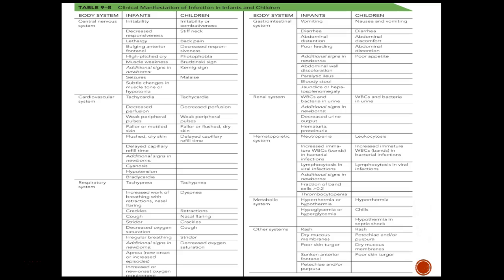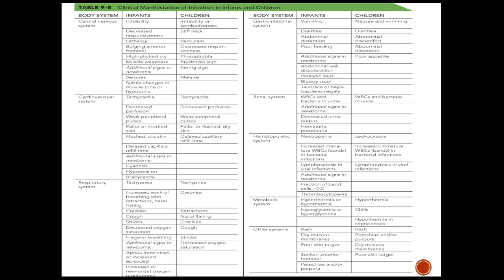For the renal system, in infants, we might see a decreased urinary output. Specifically, if they have some type of urinary tract infection, we all know there's going to be white blood cells in the urine for children and infants or anyone. But an additional sign that you might see in your baby is a decreased urinary output.